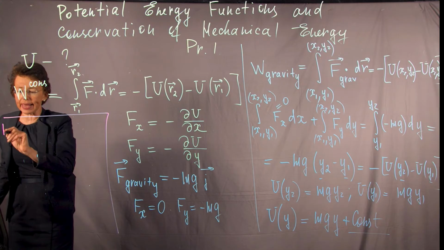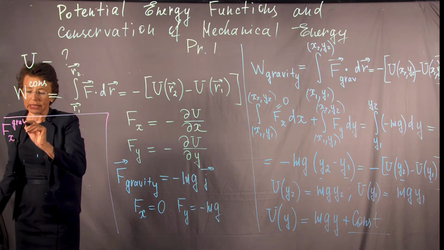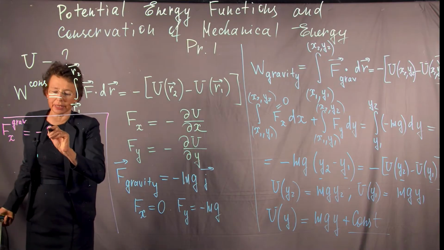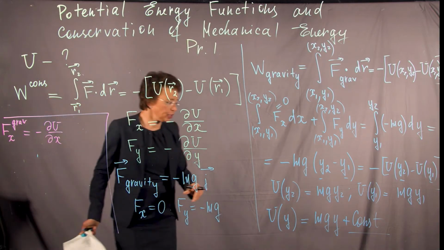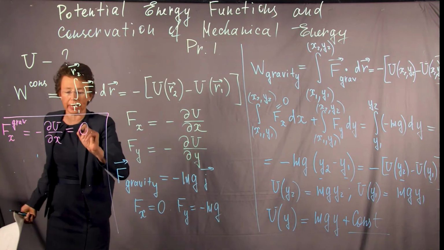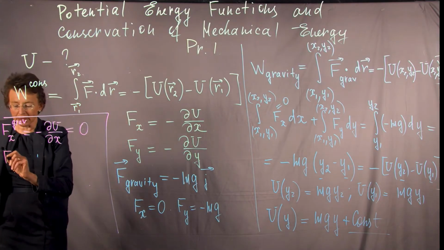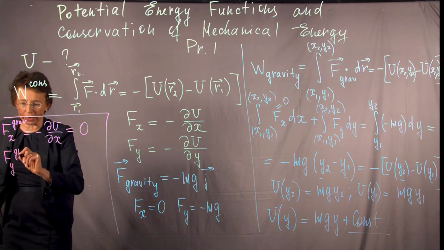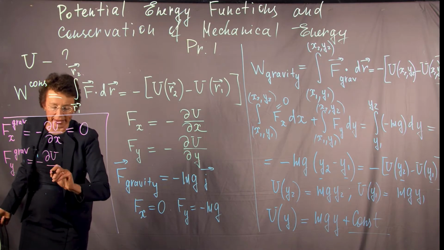So what is F sub x for gravity? It is minus du dx. I differentiate this and I get 0, of course. Nothing depends on x, and x component of gravity is 0. We are happy. Now what is Fy for gravity? It is minus du dy.